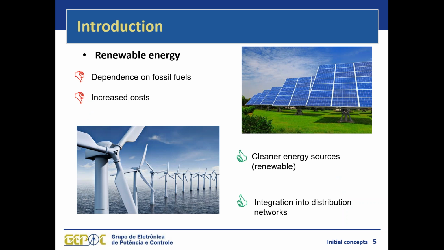So basically, we are all concerned right now with the problem of renewable energies and environmental concerns. We are relying more and more on cleaner energy sources that are renewable and of course have a minor impact on the environment. These renewable sources usually allow easier integration into distribution networks and systems.